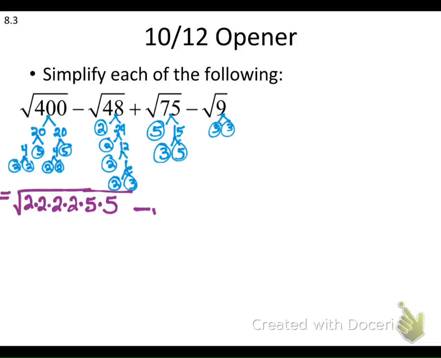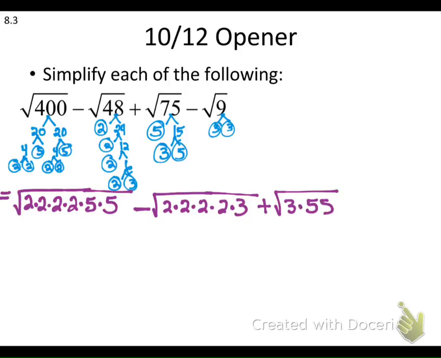Subtraction. Then square root, then 2 times 2 times 2 times 2 times 3. Is that right? Yeah. Then you put your plus sign. Then 3 times 5 times 5. And then subtraction sign. Then 3 times 3.